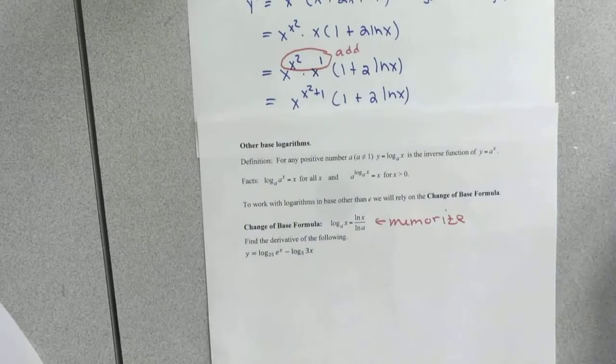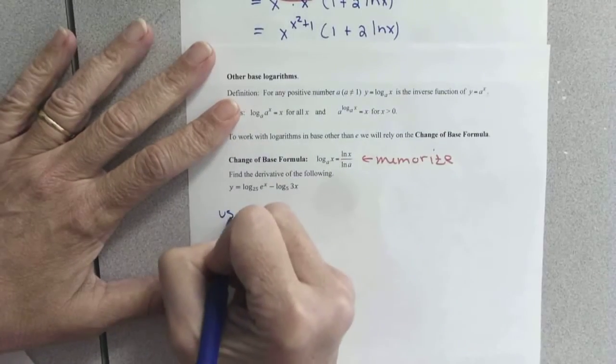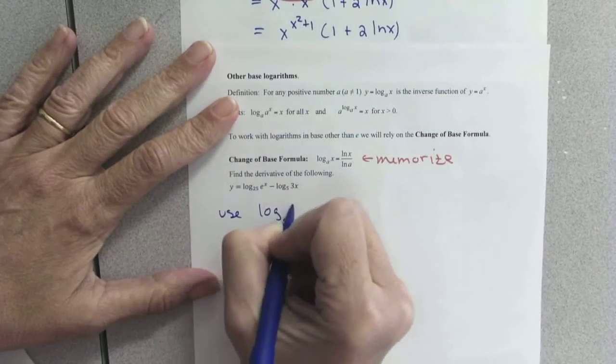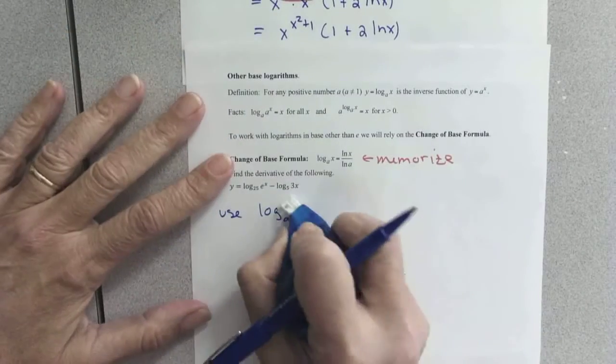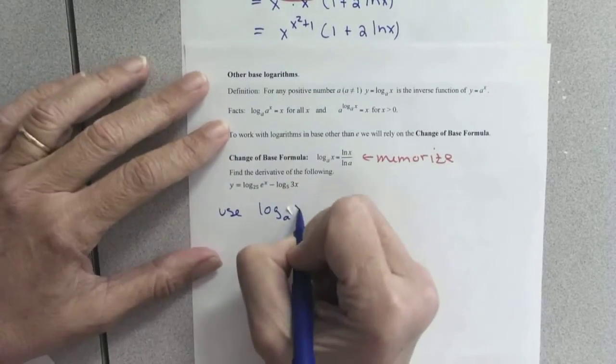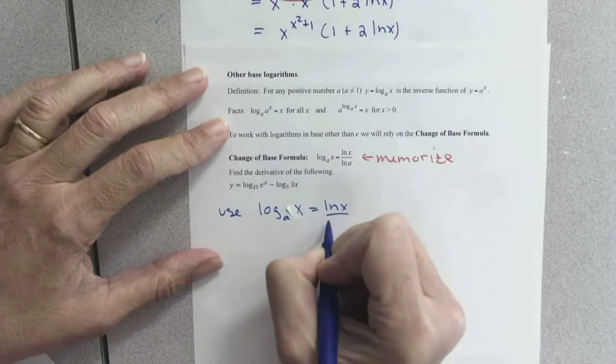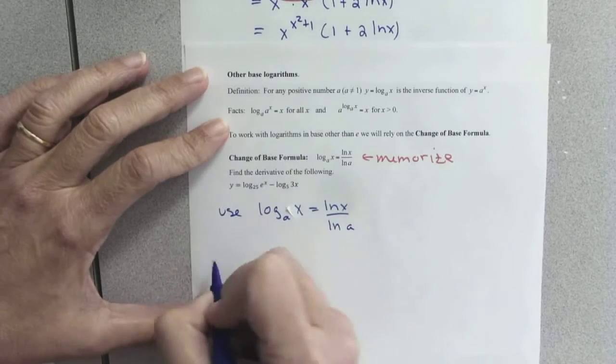So find the derivative of the following. The first thing I'm going to do is use that log base a of x is natural log of x over natural log of a.